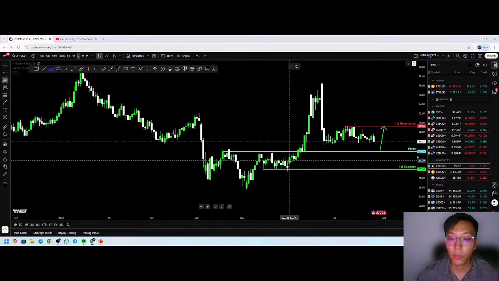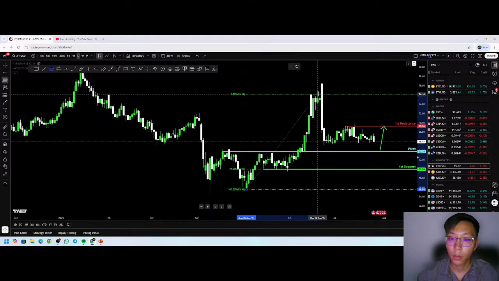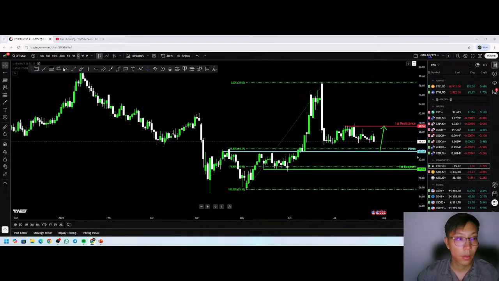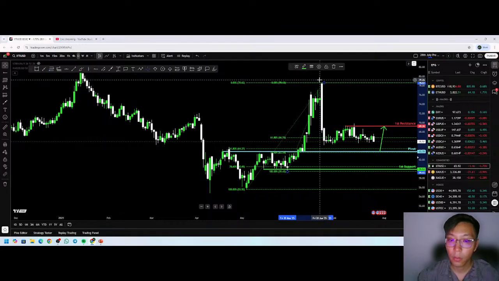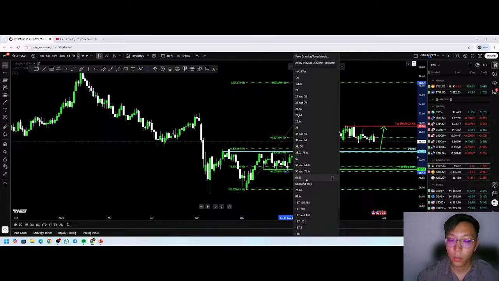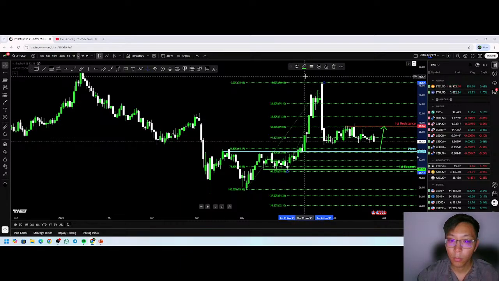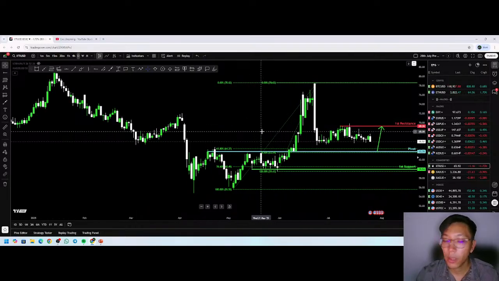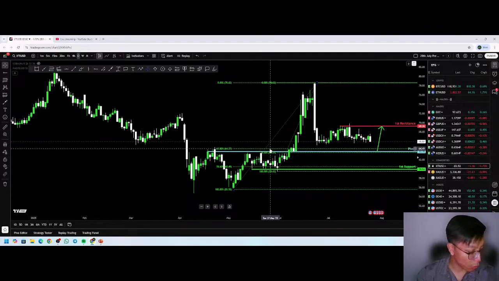Let me see if we are able to find any 61.8 and 78.6, and then okay, so our pivot point aligns nicely with the 61.8% and the 78.6% Fibo retracement level, right?